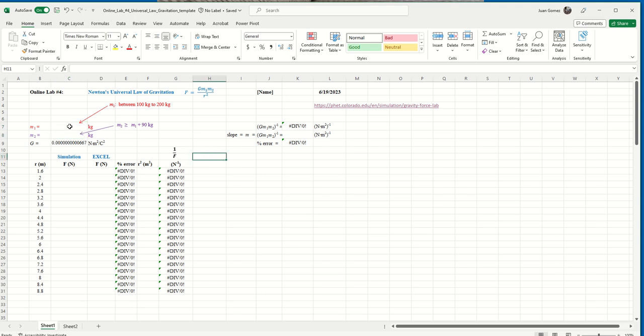All right, so let me go ahead and choose an M1. I want something between 100 and 200. Let me choose 170. Again, you don't have to use one. It doesn't matter what you use, as long as it's between 100 and 200.